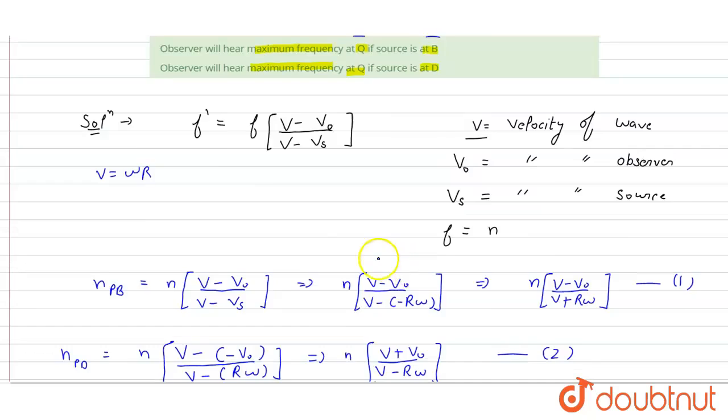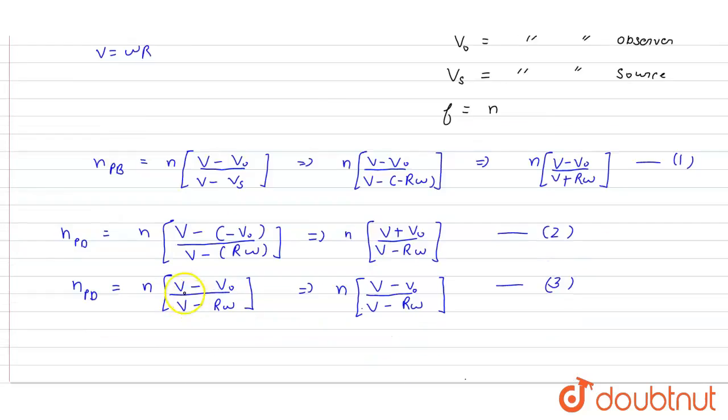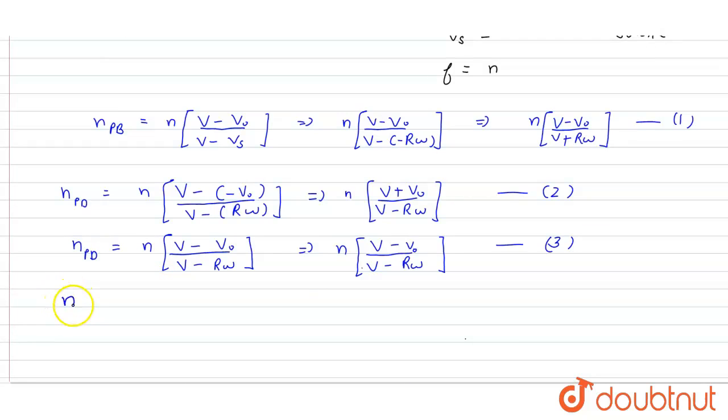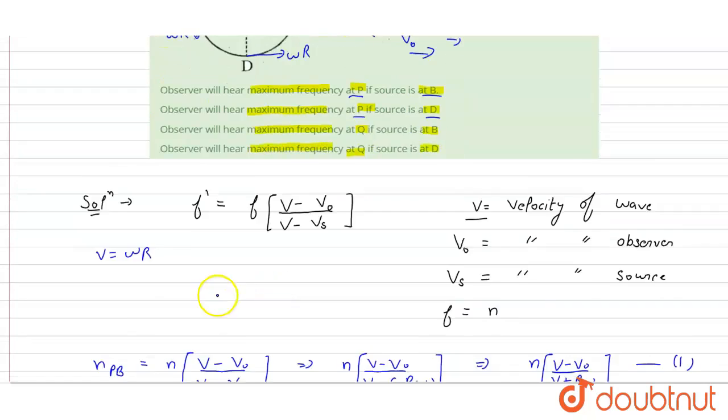Now, in option C, our source is at point B and observer is at point Q. In this case, n QB becomes n into v minus velocity of observer at point Q, which is 0, and velocity of source at point B is omega r in this direction.